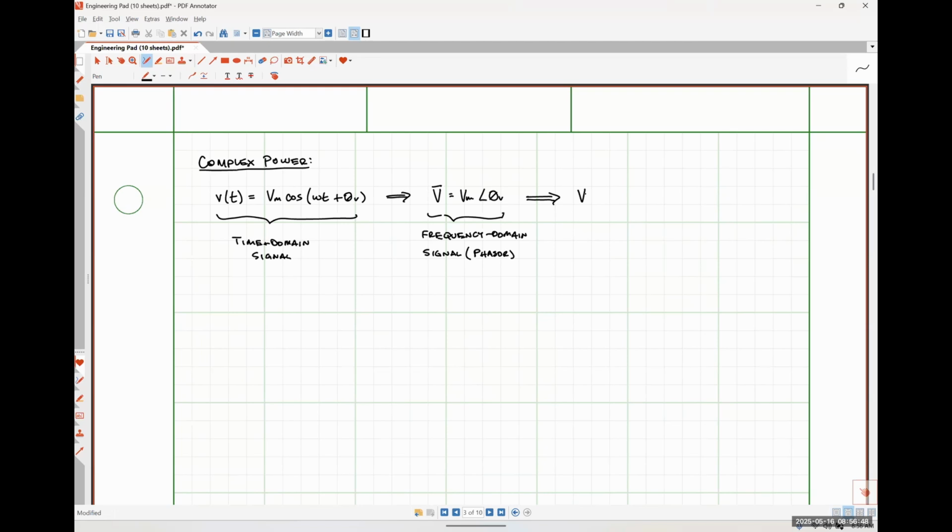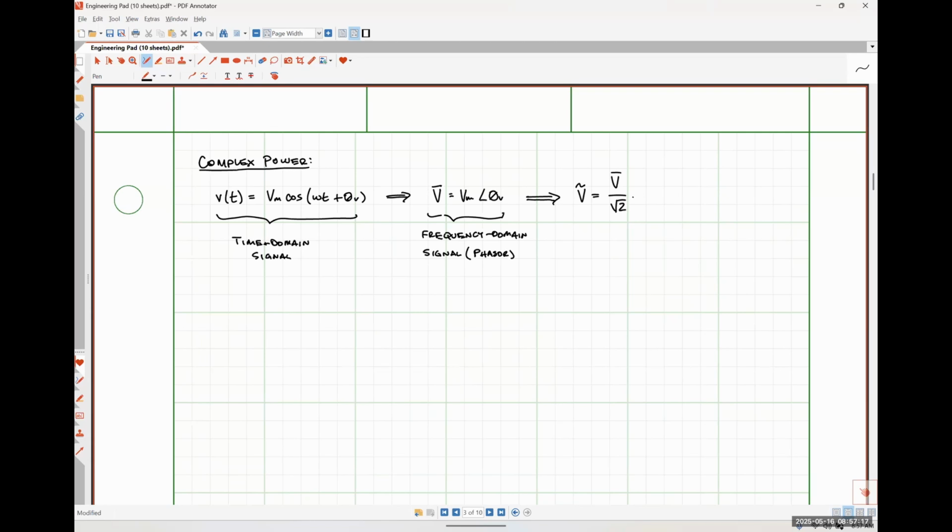So I'm going to say that my RMS phasor voltage will have a tilde over it instead of a bar over it. And you will also see RMS phasors will always be expressed with units of volts RMS or amps RMS. So there's two different ways to make sure that you know what you're dealing with. It is simply going to be our phasor voltage divided by the square root of 2. That's literally it.